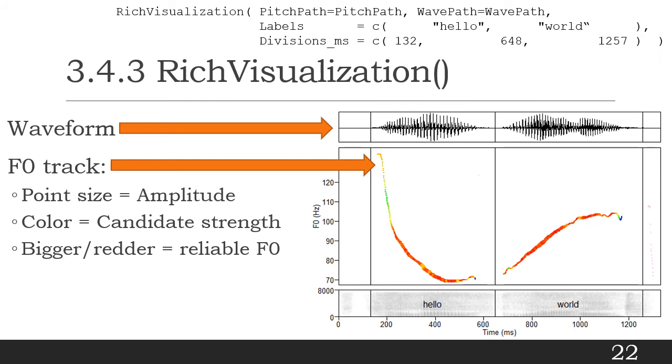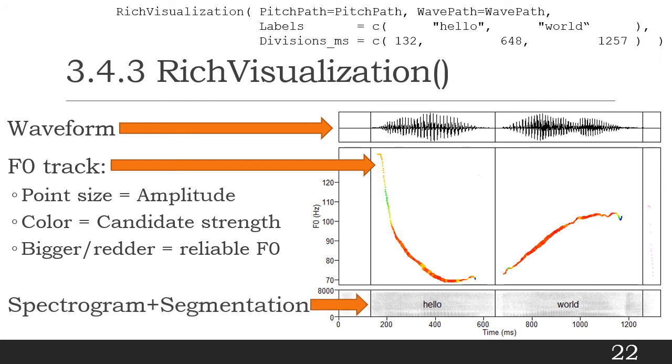So if something is green or blue, then it's not very good in terms of candidate strength. And if something is small, then it's low intensity. And both of these things are cues that you probably should not be trusting the F0 measurement there.